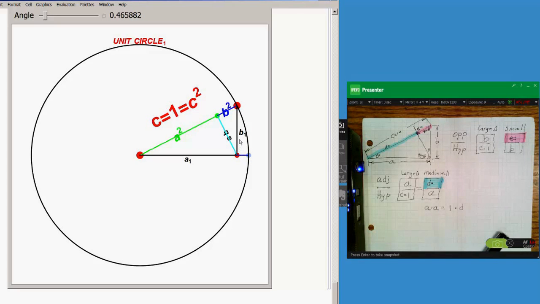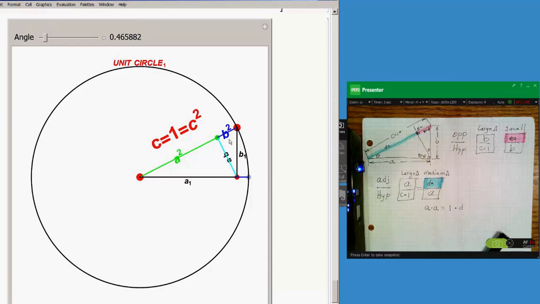When you multiply that by itself or raise it to the second power, like we've done here, this is the same value b raised to the second power, and this represents the symbolic value of the measured distance between this reference point and this reference point.